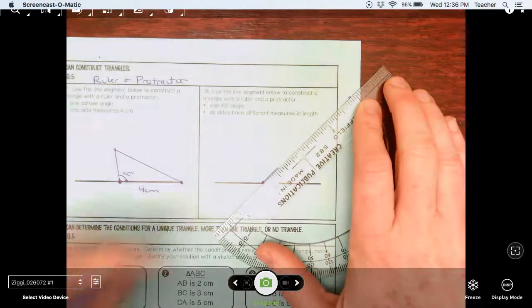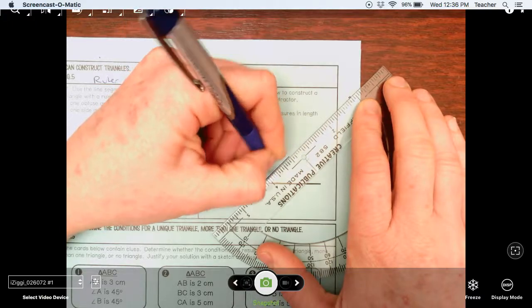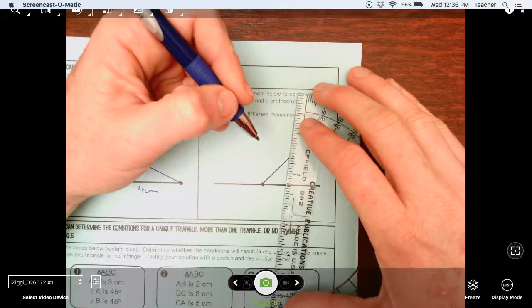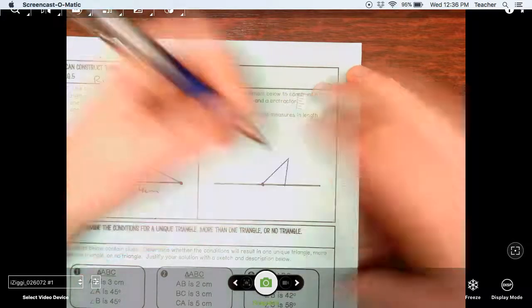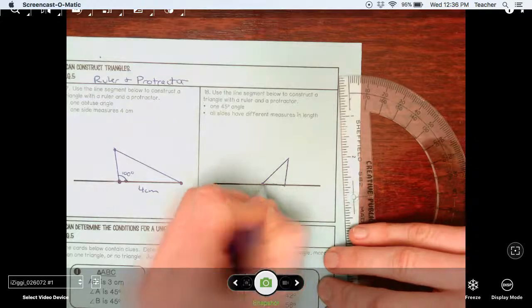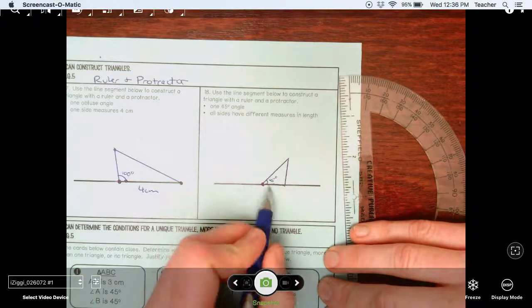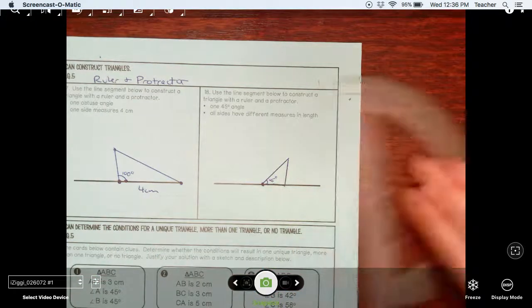That looks good. And maybe we create the triangle. So we know this is 45. This side's definitely smaller than that side, which is smaller than that side. So these all have different side lengths.